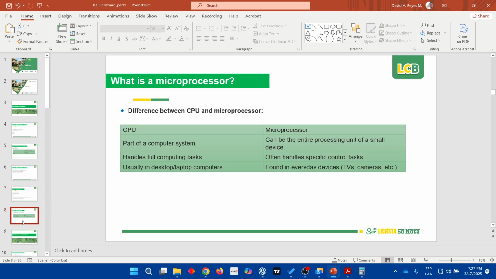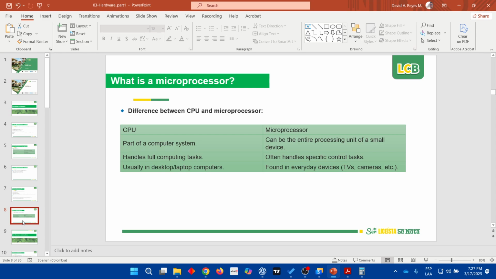Okay, let's continue. Now, the difference between a CPU and a microprocessor. The CPU is a part of a computer system. The microprocessor can be the entire processing unit of a small device.